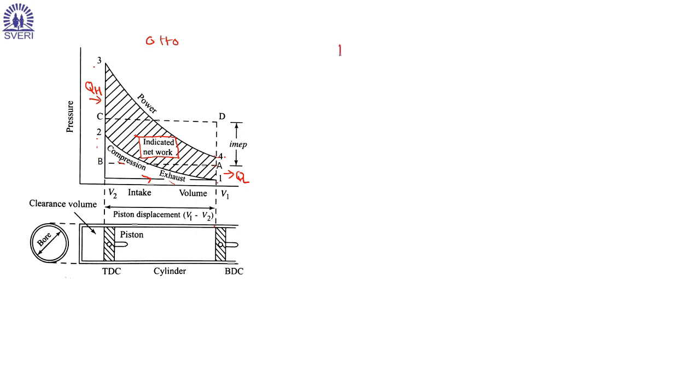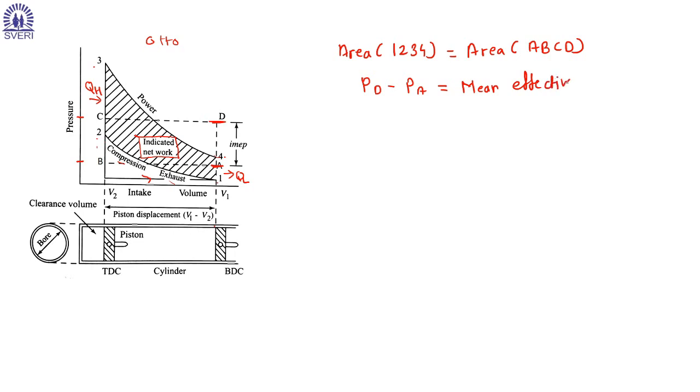So the area of 1, 2, 3, 4 is equal to the area inside A, B, C, D. When these areas are equal, the pressure difference between point D and point A, the pressure at point D minus the pressure at point A, these two pressures, this pressure difference is what we call mean effective pressure.